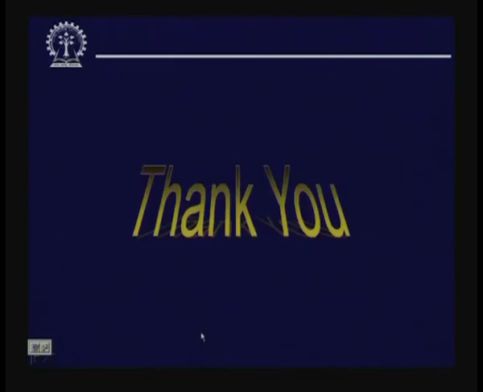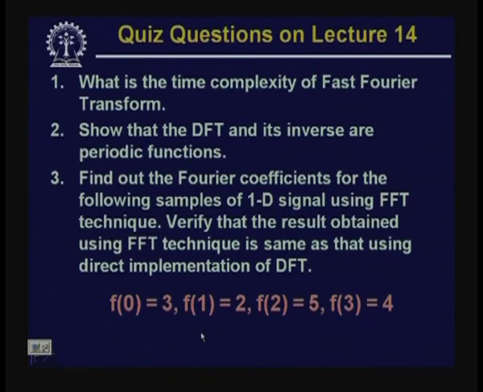Now, coming to today's questions. The first question is: what is the time complexity of the fast Fourier transformation? The second question is: show that the discrete Fourier transformation and its inverse are periodic functions.